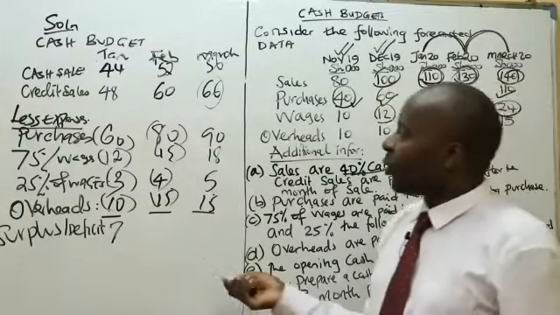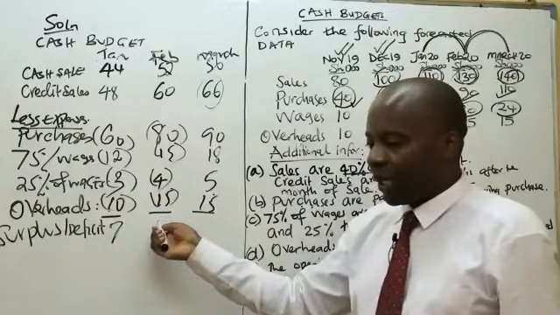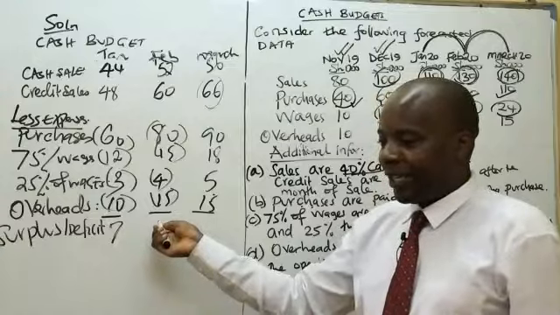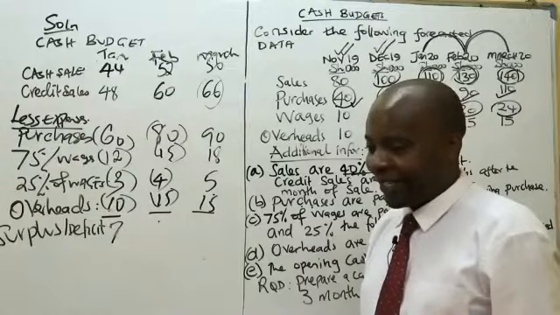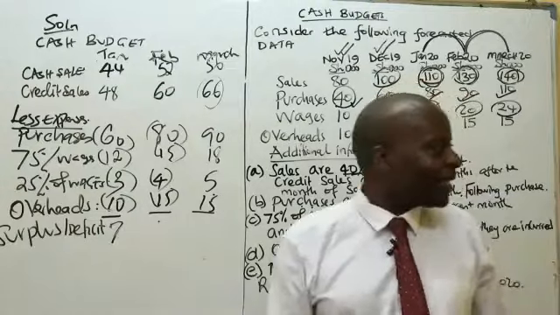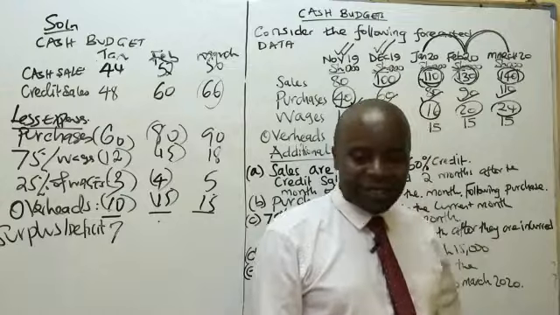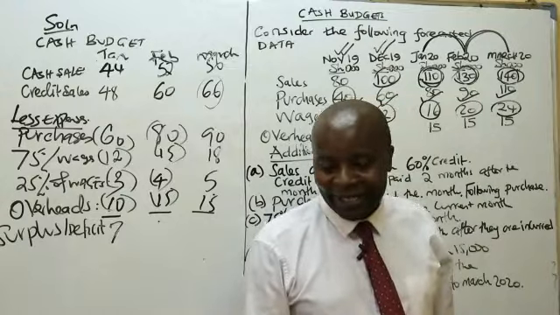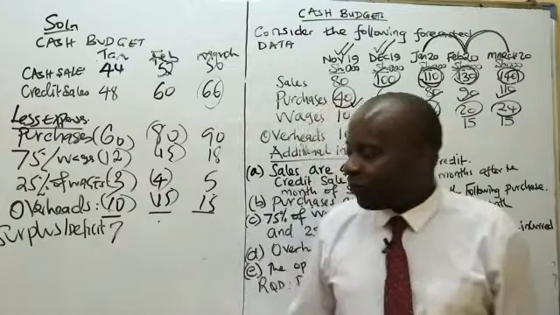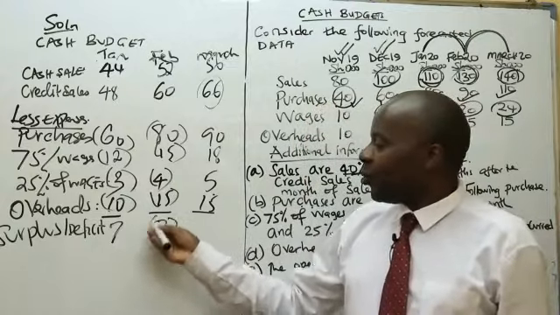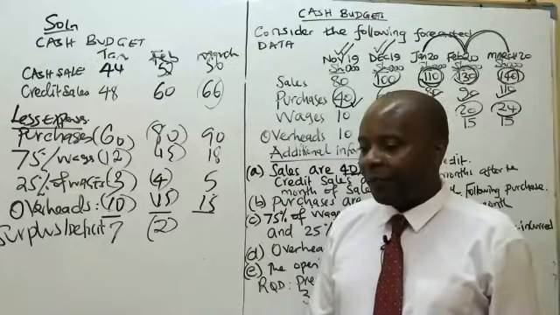Minus the total outflows. So February, what do we have here? Again 7, I believe 7. So B3 is giving me -2, an outflow, a deficit of 2.